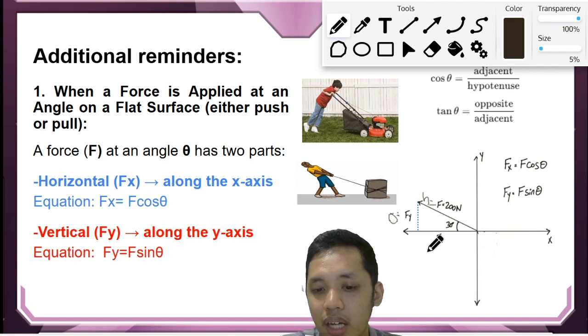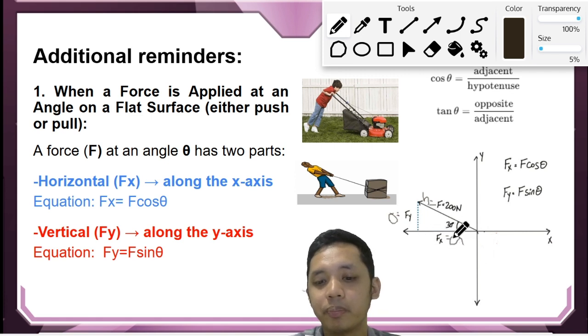Now, since we already have the opposite side and the hypotenuse, obviously, f of x is the what? Adjacent side. Okay? That is the side shorter than the hypotenuse.